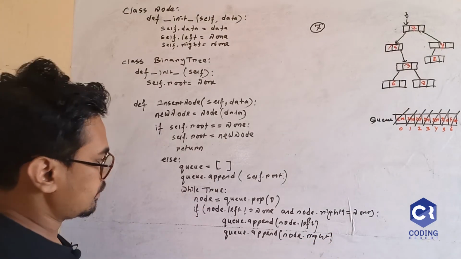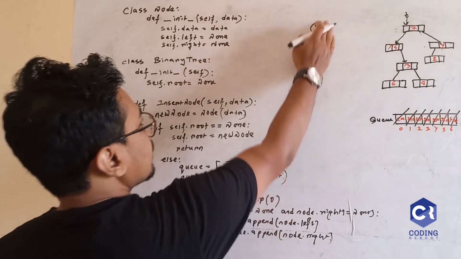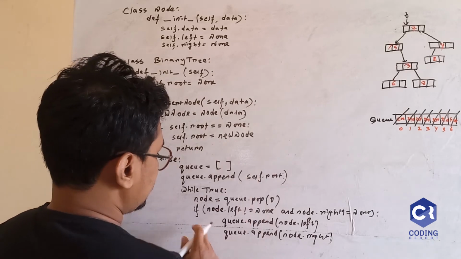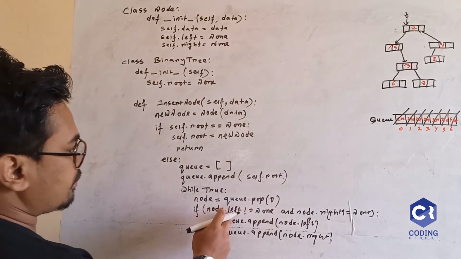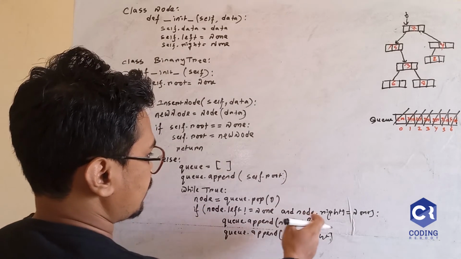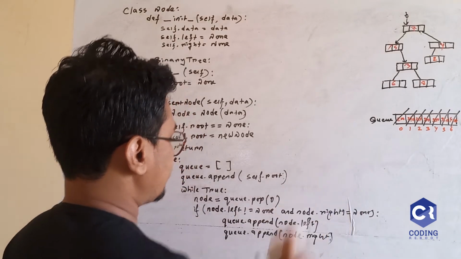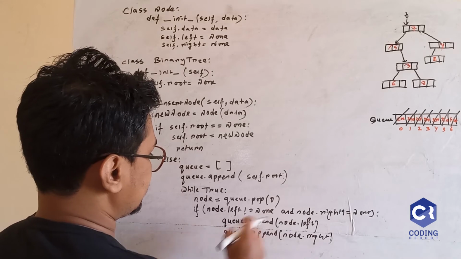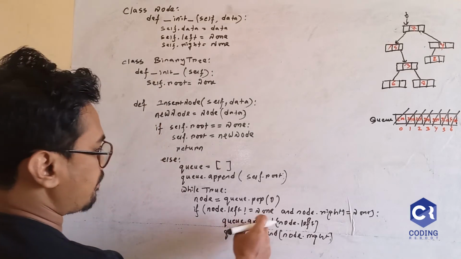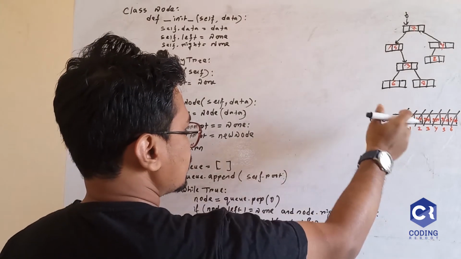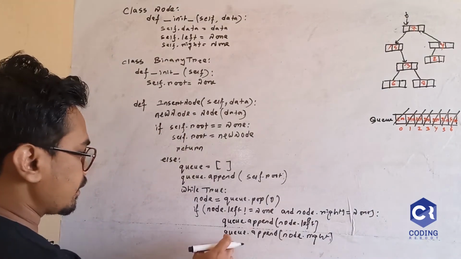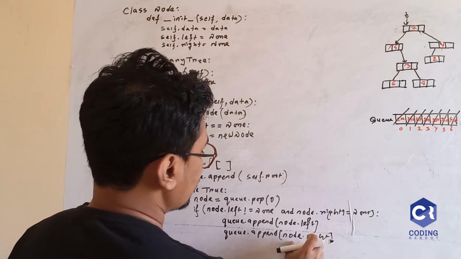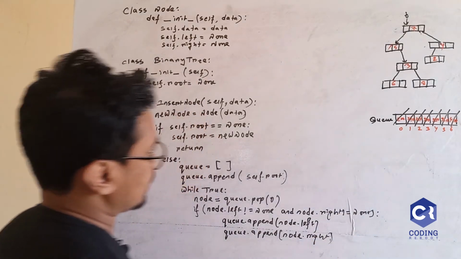If I write here the next part of this program, if node.left is there and node.right is there in our binary tree, then we are going to perform this line of code, q.append node.left, that we insert in our q data structure, and q.append that inserts our node.right into our q data structure again.